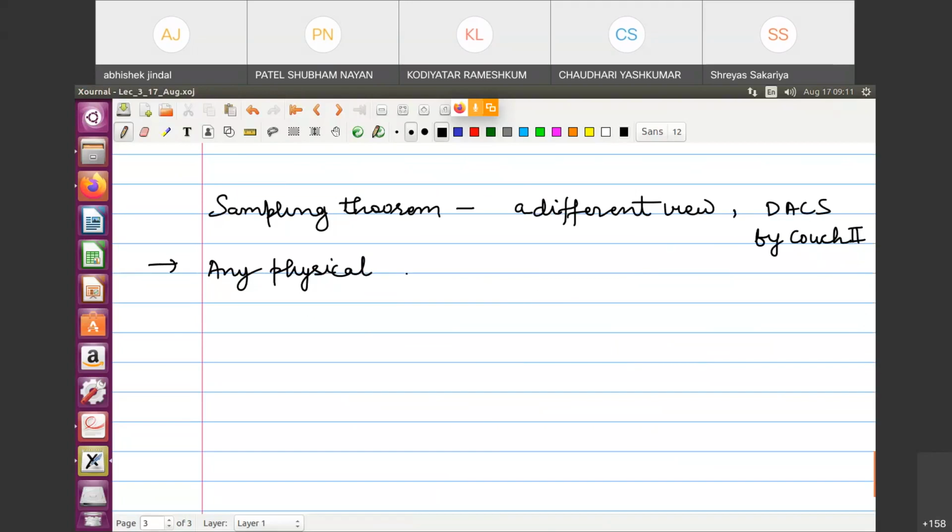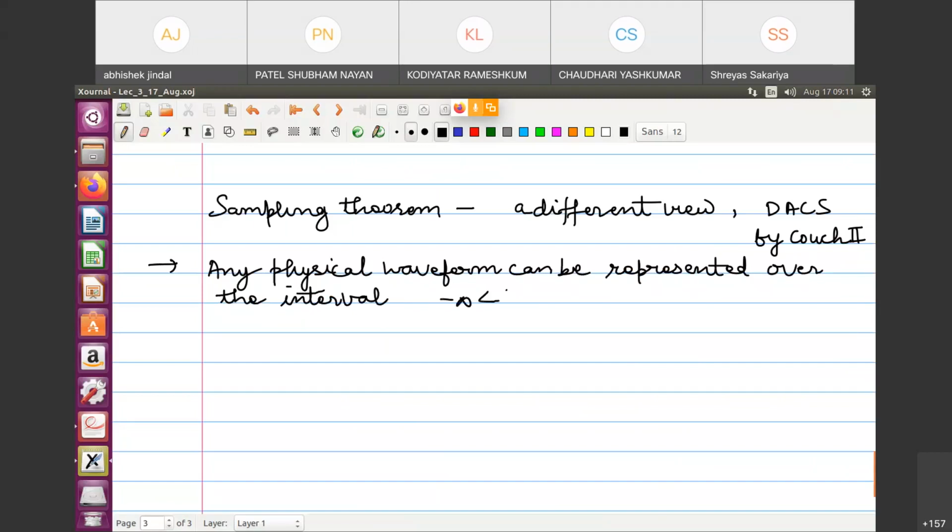So any physical waveform can be represented over the interval minus infinity less than t less than infinity.